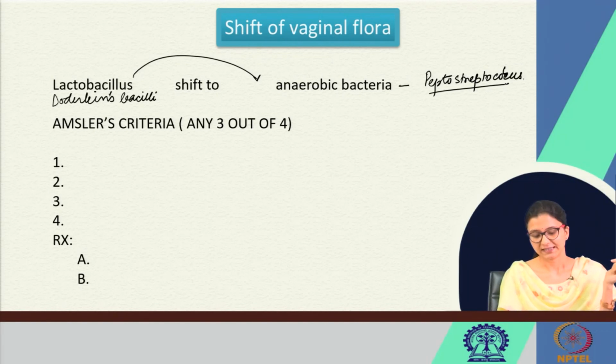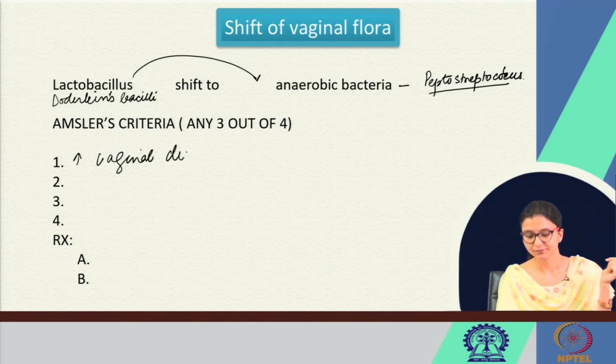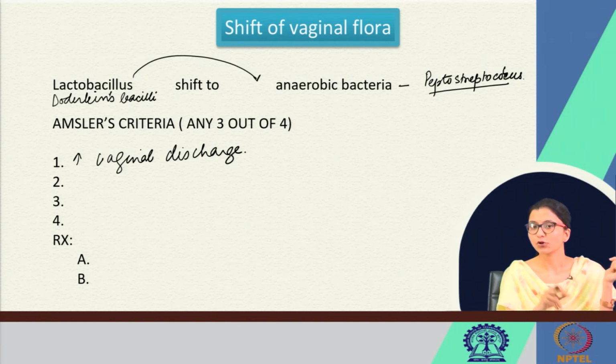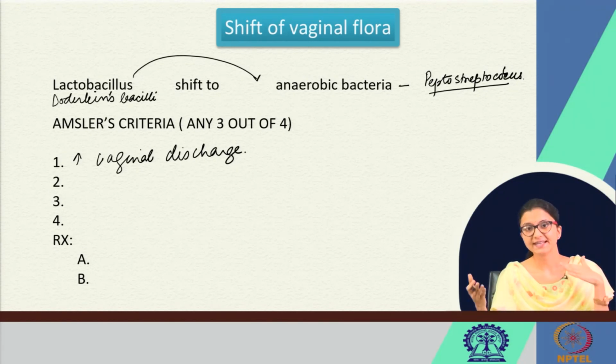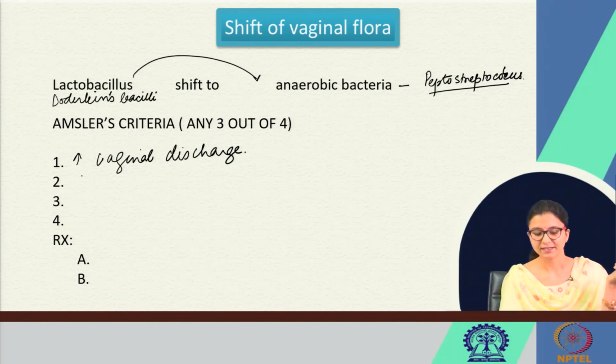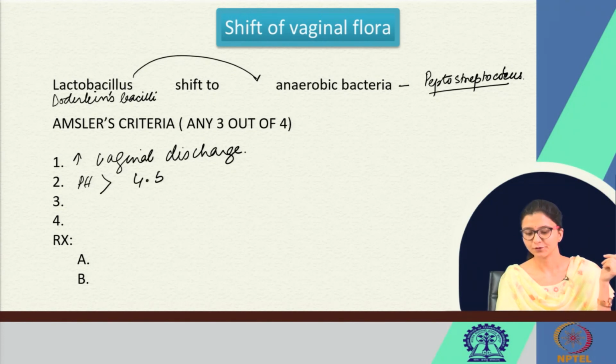What are they? First is increase in vaginal watery discharge. Second, lactobacillus forms lactic acid; with no lactobacillus, the bacteria have changed, so no lactic acid, pH will be more than 4.5. It will be more alkaline, not acidic.